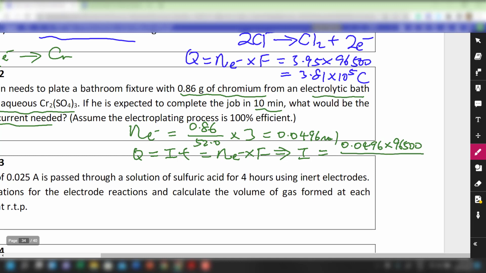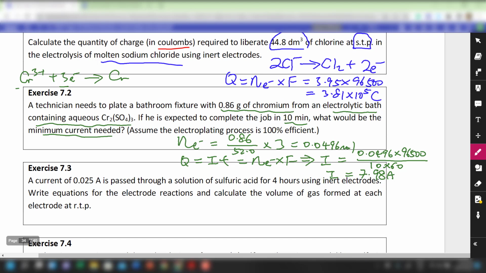The time is in minutes, so we need to convert that to seconds, so that will be 10 multiplied by 60. If we punch the calculator, we should get around 7.98 amperes. I hope you find the application pretty straightforward.